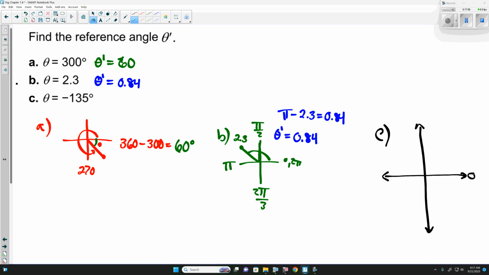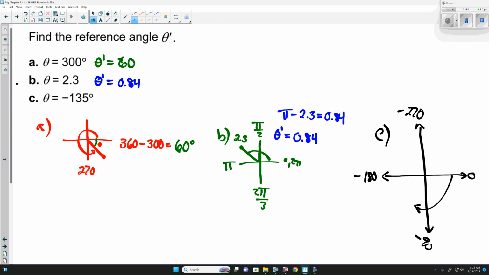Now the last one, C. This time we have negative 135 degrees, yes? So we're going clockwise. This here is still going to be 180, but instead of positive 180, straight down is negative 90, and straight up is negative 270.